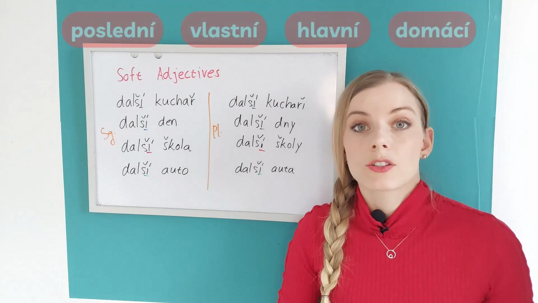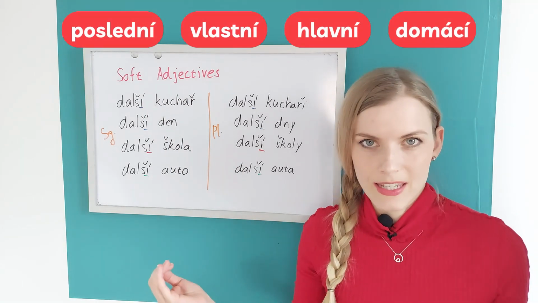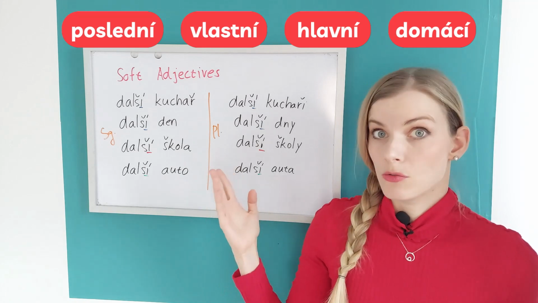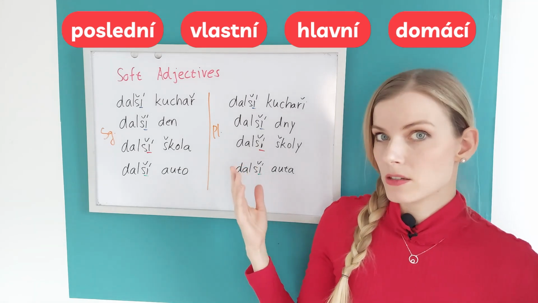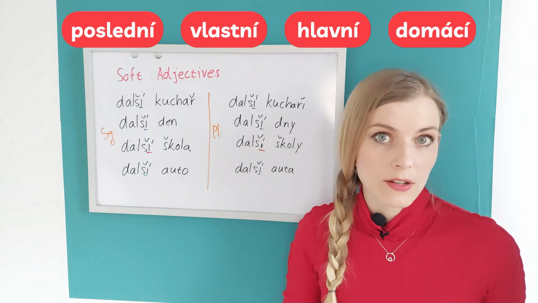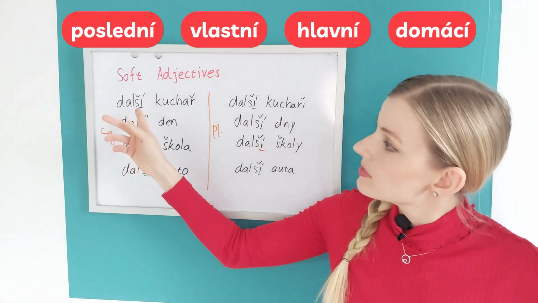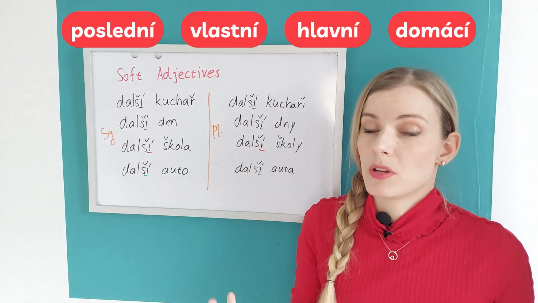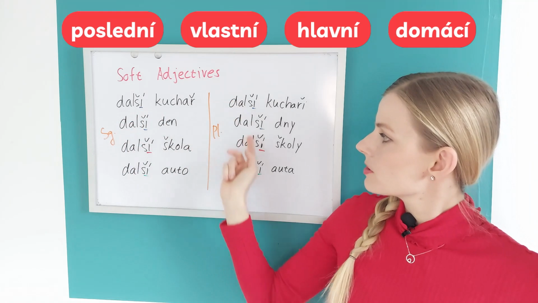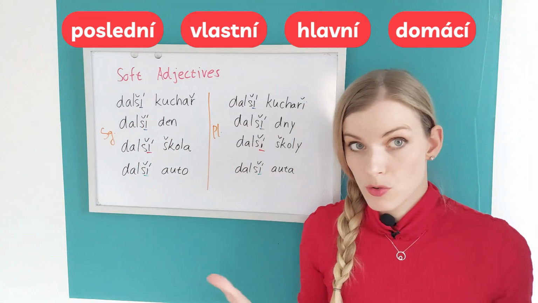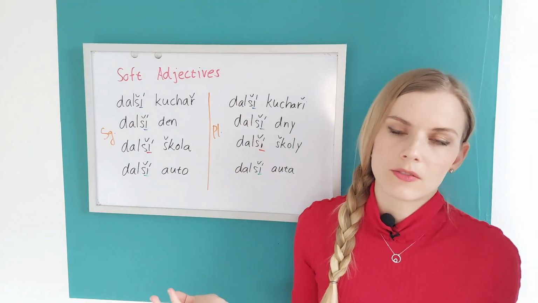For example, another common one is poslední, the last one. Vlastní, someone's own. Hlavní, main. Domácí, homemade. All these adjectives and all of those that finish with I in their nominative form will not change with the gender or the number. In the nominative form. I can show you why I emphasize in their nominative form.